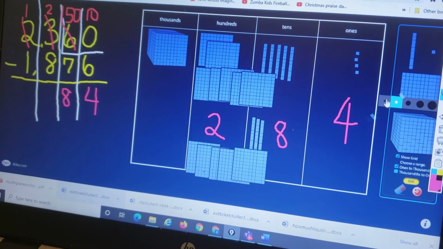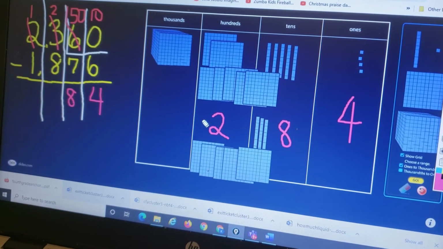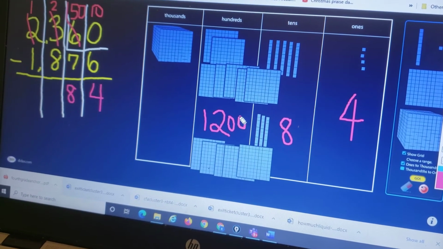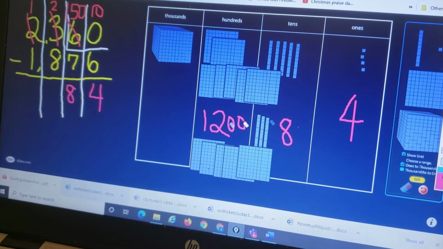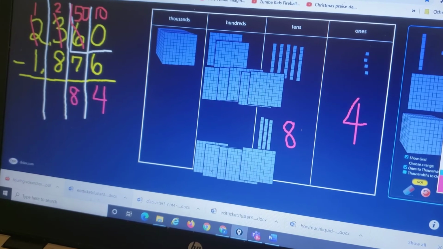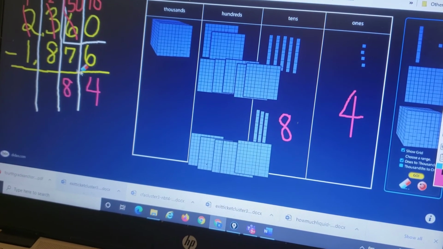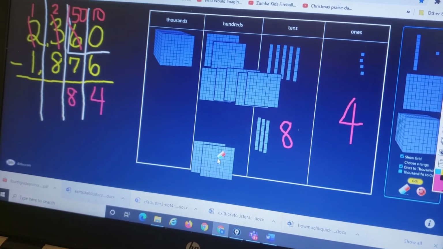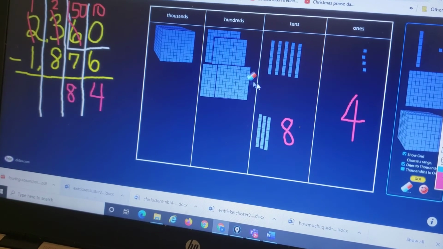So now we have in this spot 1,200. Okay? Can we take 800 from that? Yes, we can. All right, let's do that. Okay, so we're going to take away 800s. 100, 200, 300, 400, 500, 600, 700, 800.